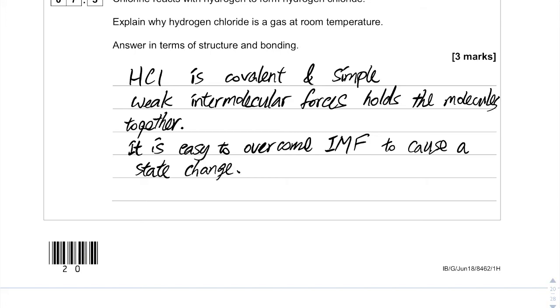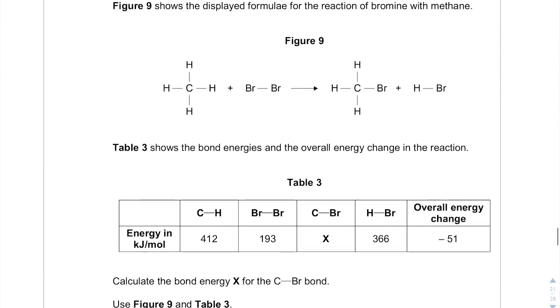So that's basically the 3 marks. You've got simple covalent structure, and you need to talk about the weak intermolecular forces, and finally, it is very easy to overcome such weak force to change its states. So that's that part done.